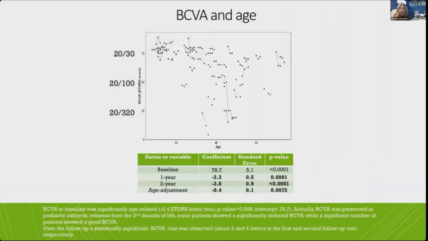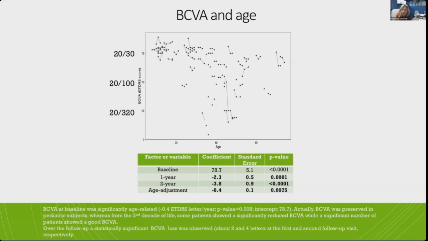So, we correlated the best corrected visual acuity with the age of patients. And as you can see in this slide, best corrected visual acuity at baseline was significantly age-related.